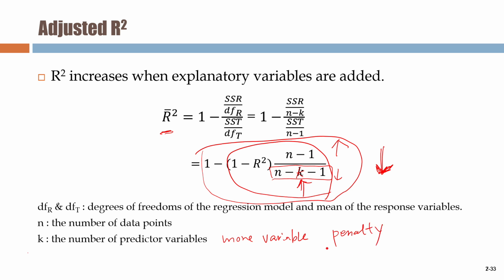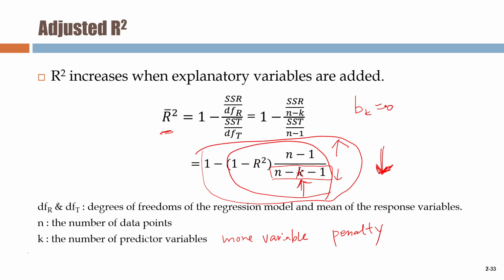Why don't we use just R square? R square increases whenever you add a variable. The worst case is that R square doesn't increase at all, because if you bring in a totally unrelated variable, beta k can be 0. It doesn't have anything to do with our y, so it doesn't affect anything, and R square will not increase. That's the worst case.